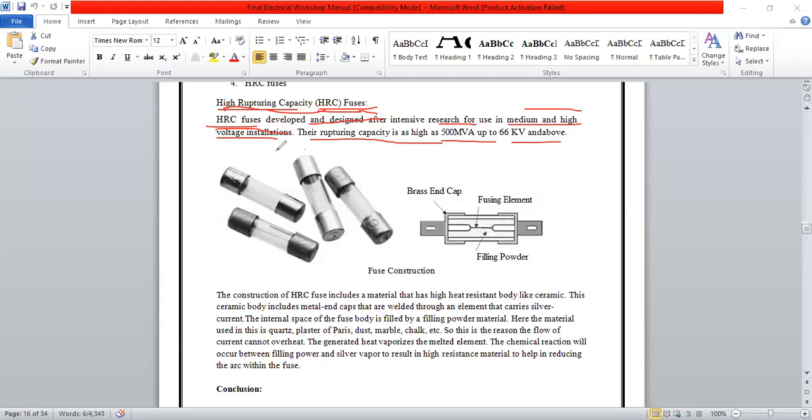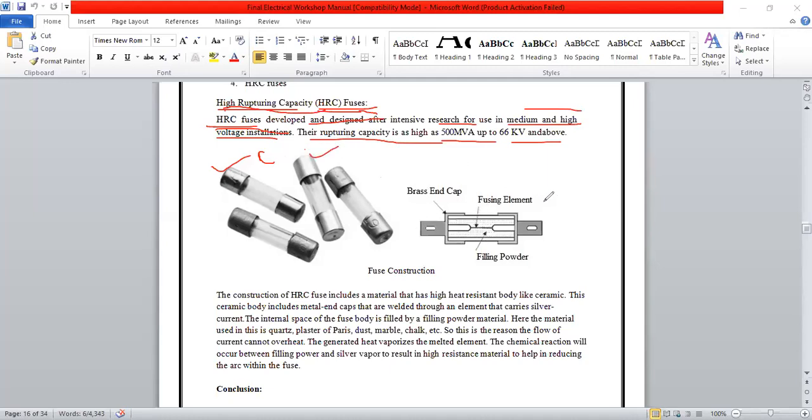See, these are the simple fuse and the HRC fuse. The simple fuse is used for a normal current rating. I think you have seen this fuse in kits, as well as in your bike wiring connections.